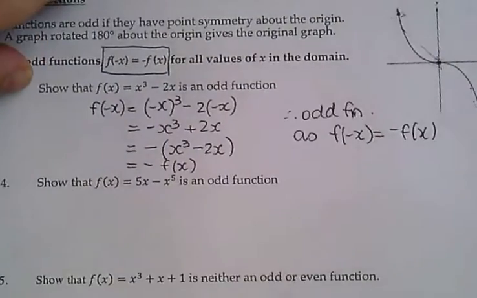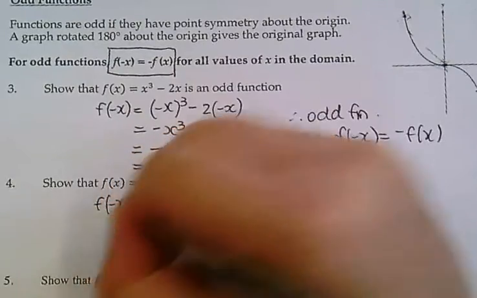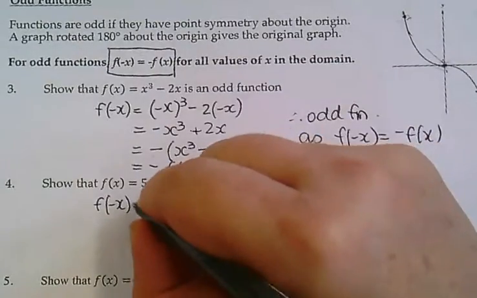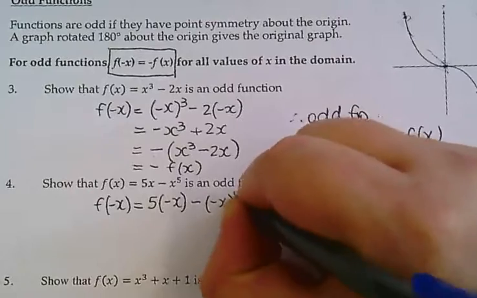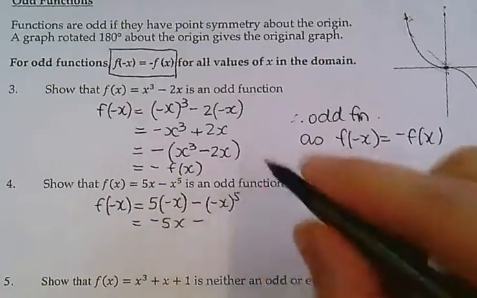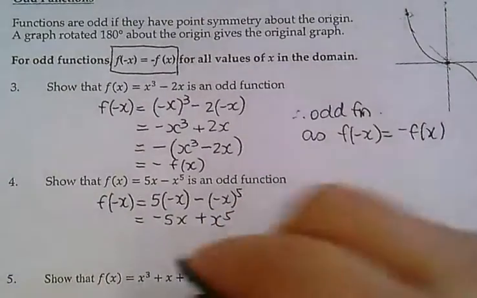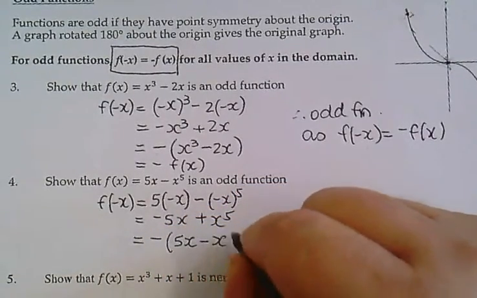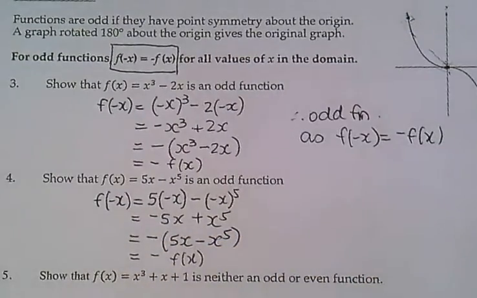Okay, let's look at the next one. So question 4, show that function of x equals 5x minus x to the power of 5 is also an odd function. So function of negative x is 5 times negative x minus negative x to the power of 5, which is negative 5x minus negative x to the 5, which is plus x to the power of 5, which is, pulling the negative out, negative bracket 5x minus x to the power of 5, which is negative function of x.